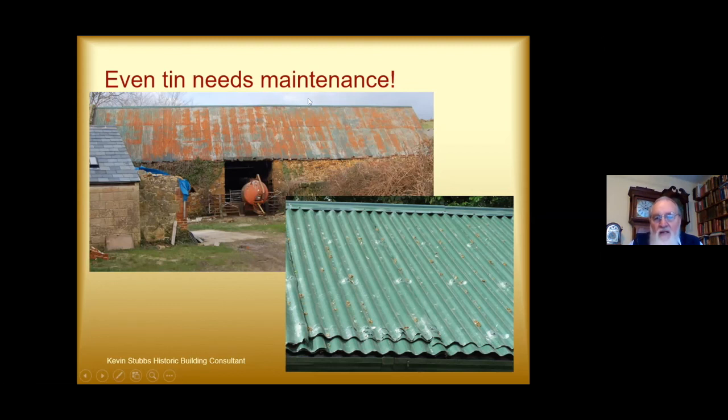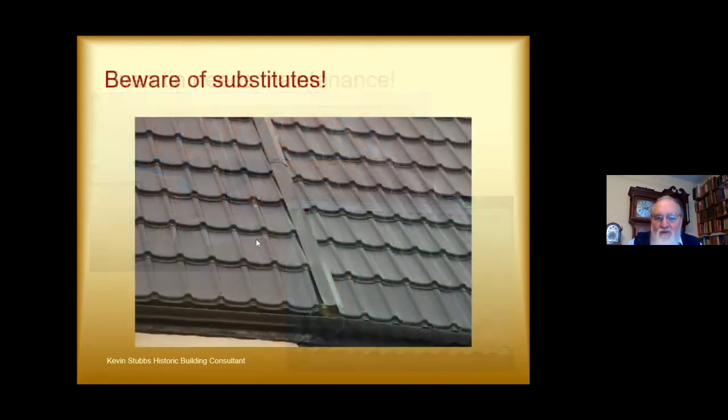And so it needs maintenance. The usual areas it goes are at the eaves. And so if one is careful, one can get a similar profile material which you can slot underneath to extend the eaves, overcoming this decayed eaves problem. So, you know, we're even now beginning to have to think outside the box for our crinkly tin roofs.